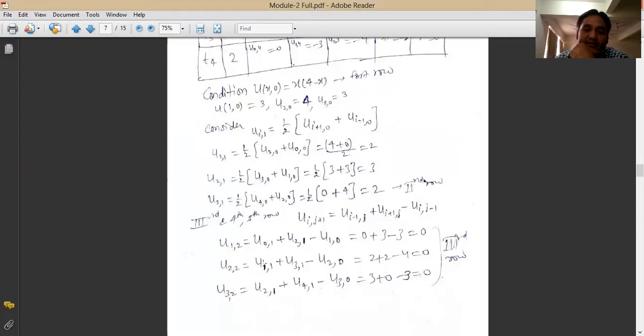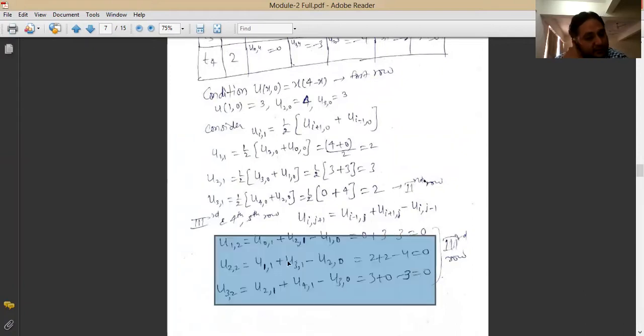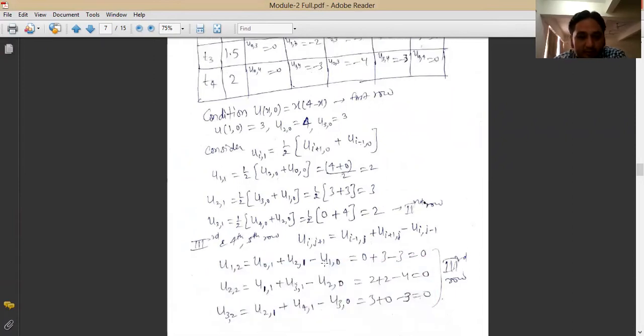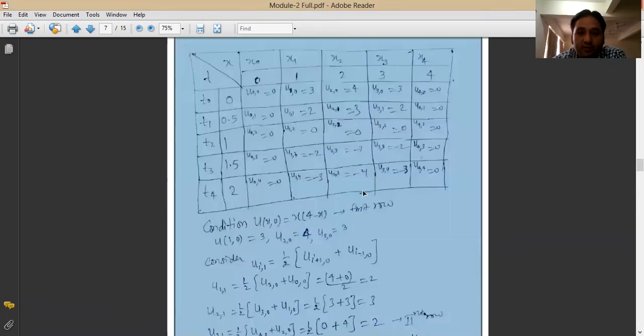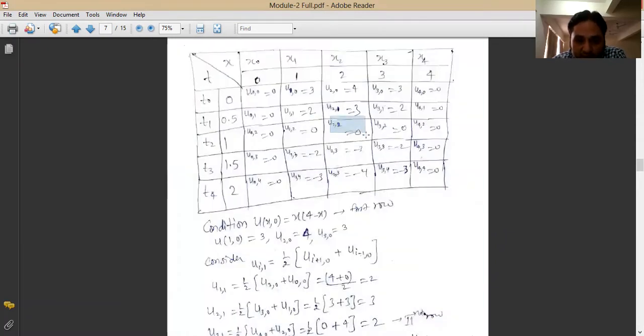Now subsequently all other rows also will be calculated by the same formula only. Okay. And what it says, you just check this for the u22, you concentrate now, we will consider this one, u22. What is u22? Where is that? u2 comma 2, this one. Check this one. This we want. So what to do?